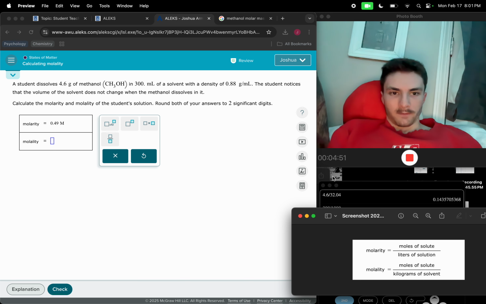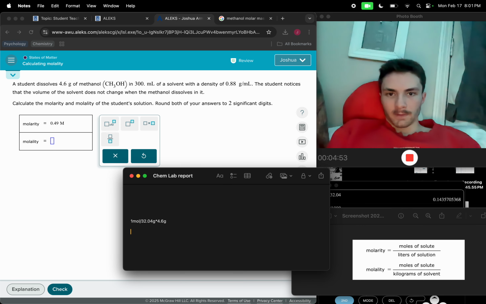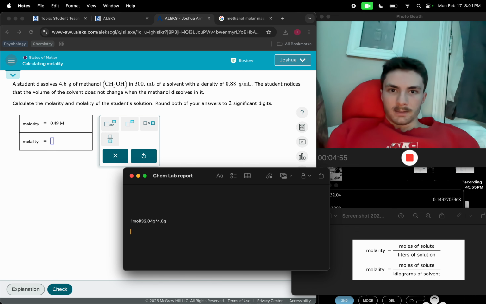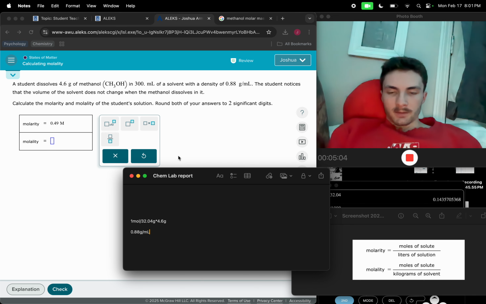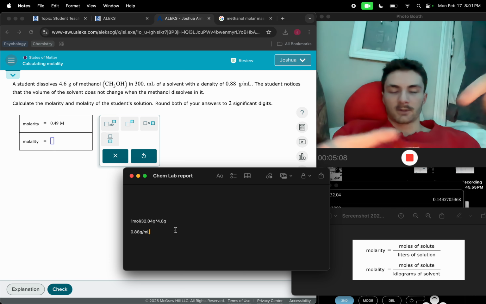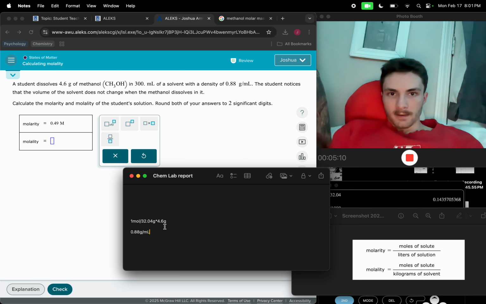If we look here, it is 0.88 grams per 1 milliliter, and we have milliliters, so we set it up where they cancel each other. So we would just multiply by 300 milliliters.